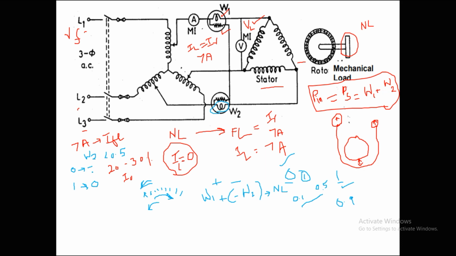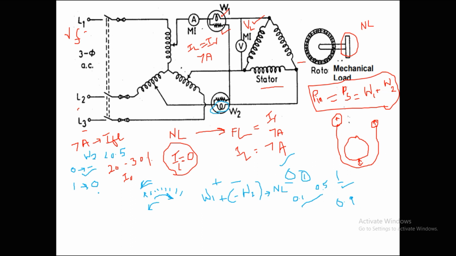So for reading the negative value, we have interchanged the current coil terminals, and again for giving a loading to a motor, this is going to have a negative deflection. In order to make a positive deflection, again we are bringing the connection back to the original position.